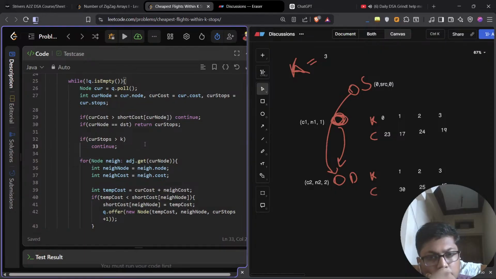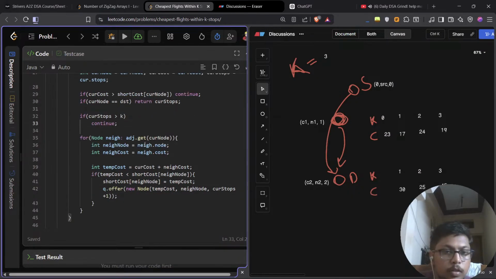But do you actually take another path? Is it really possible? The reason I'm writing continue is that in the queue we might have other nodes, so we can't stop the loop here itself. So we are skipping that path.